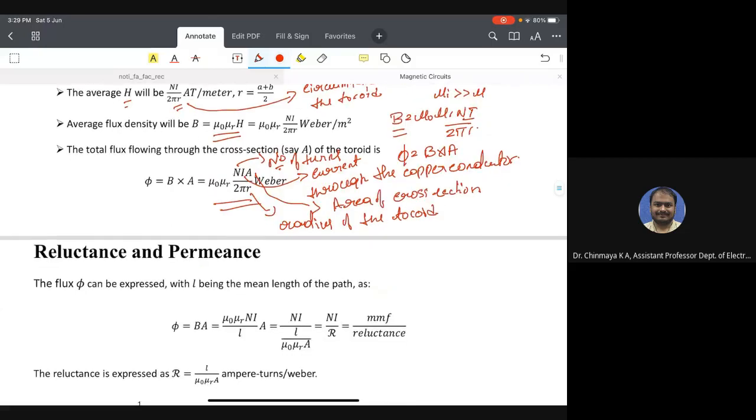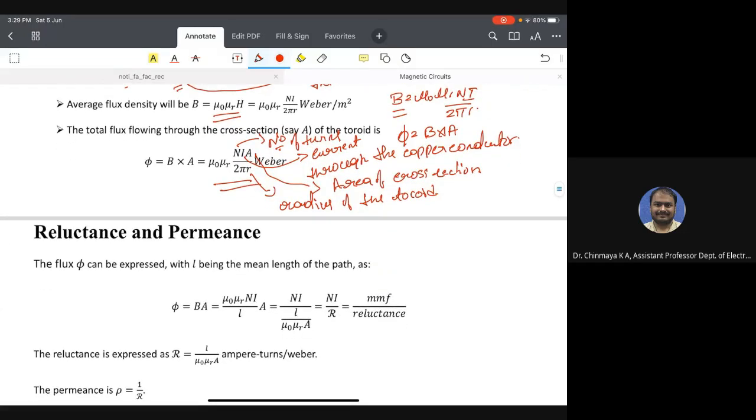This phi can be further simplified by considering 2 pi r as L, where L is equal to 2 pi r, which is the length of the mean flux.